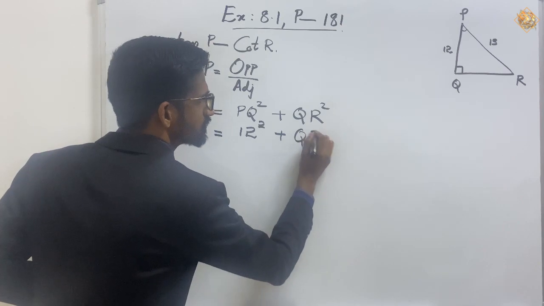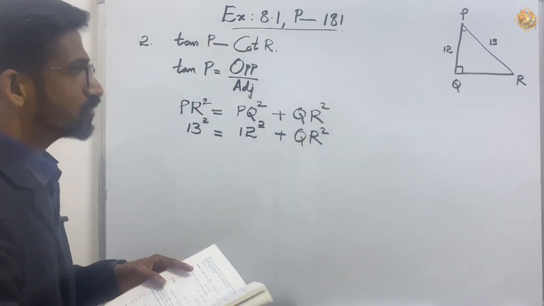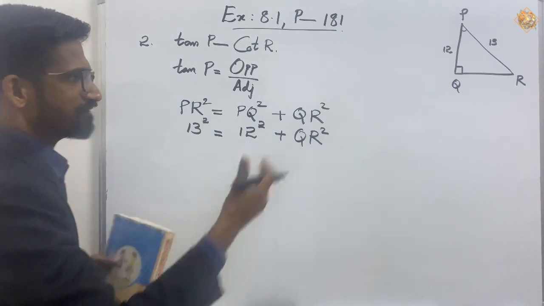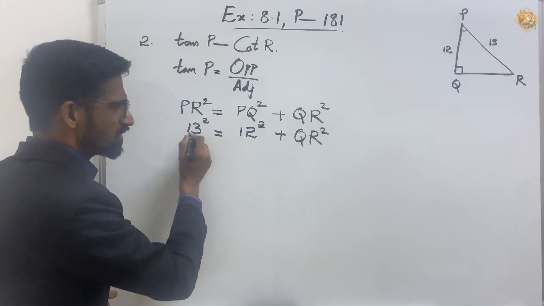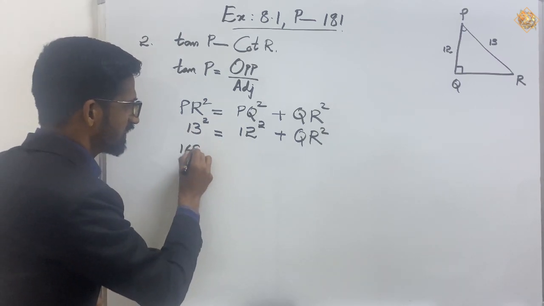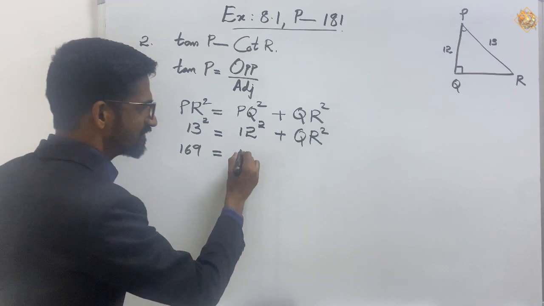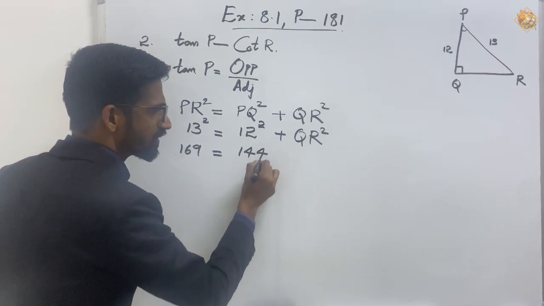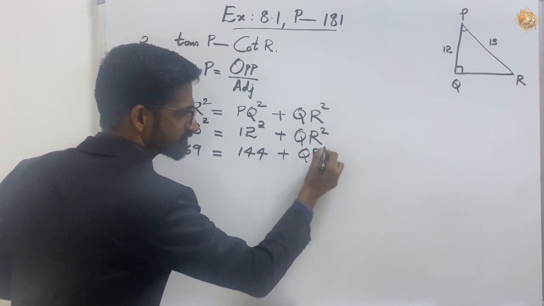Now we will square these. 13 square is 13 into 13, that is 169, equal to 12 square, that is 12 into 12, 144, plus QR square.